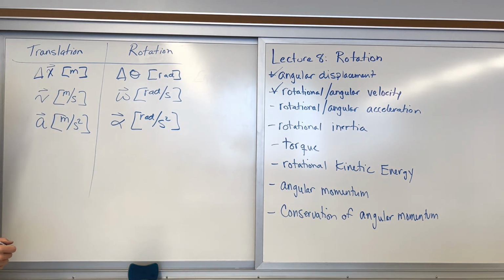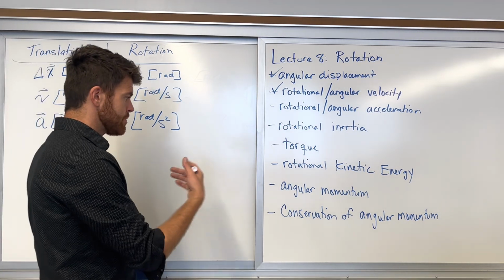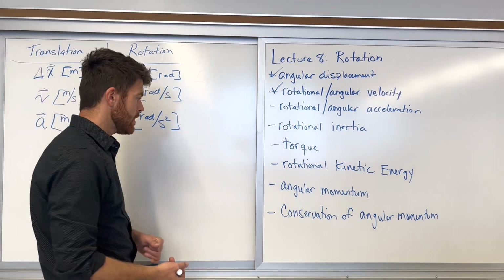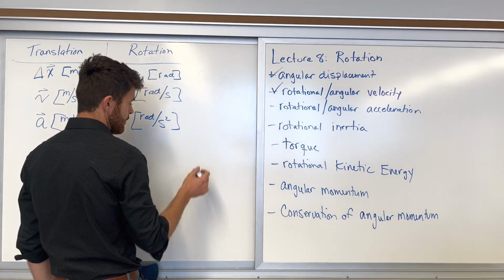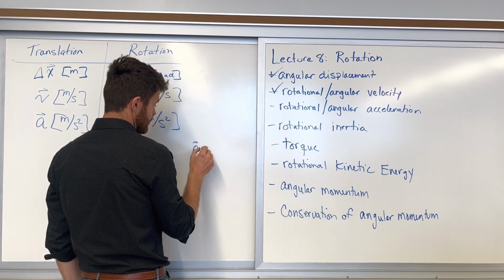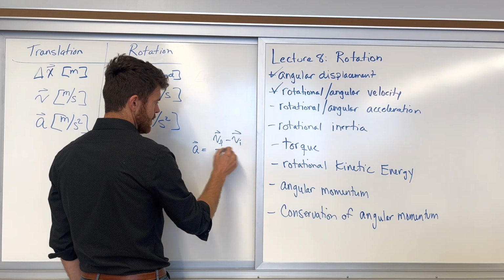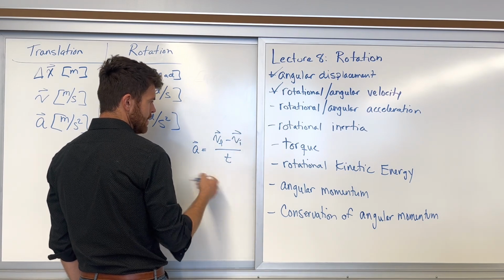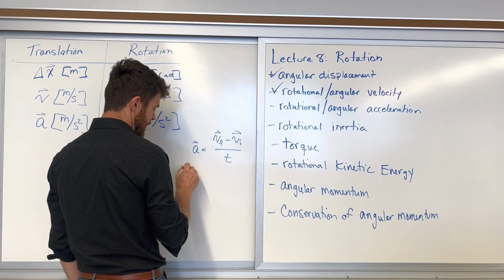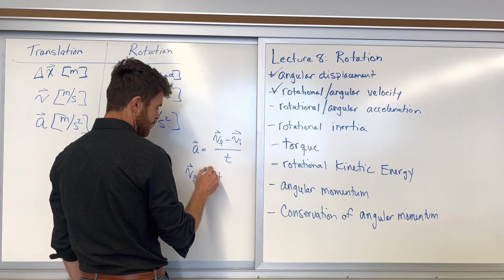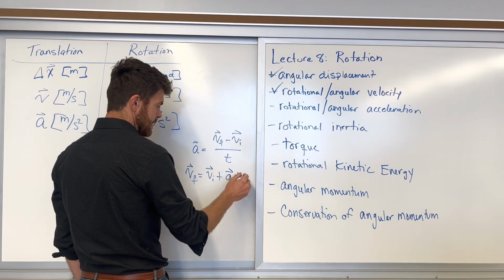Now the relationships between these variables are the same too. If you remember, acceleration is equal to v final minus v initial divided by t, so we can rewrite this as v final equals v initial plus a t.